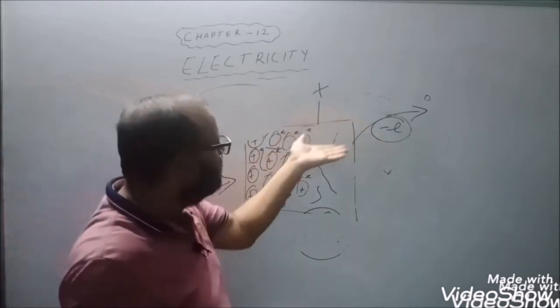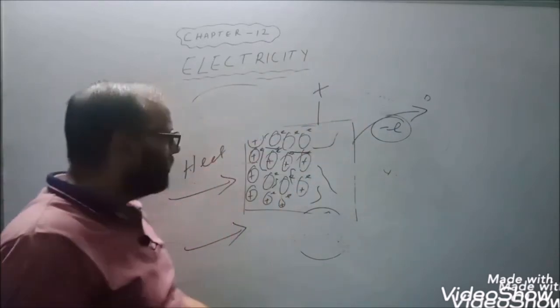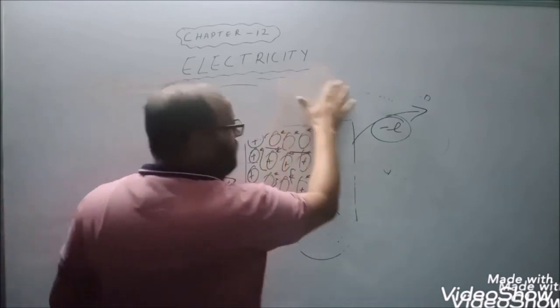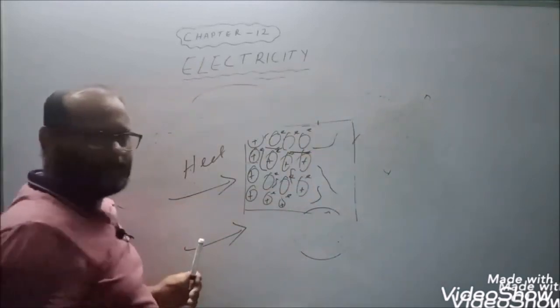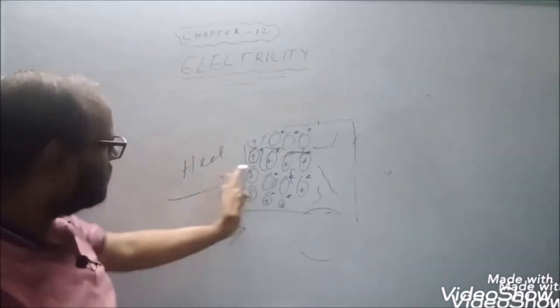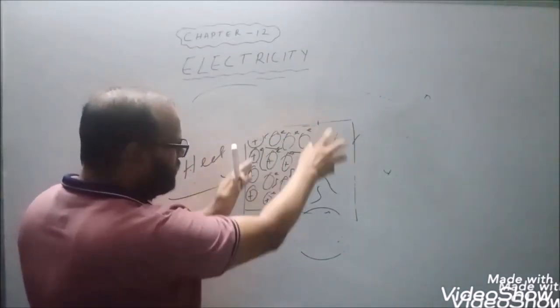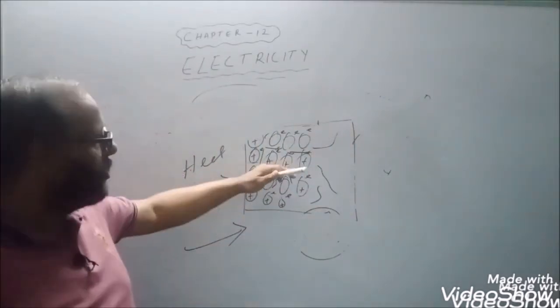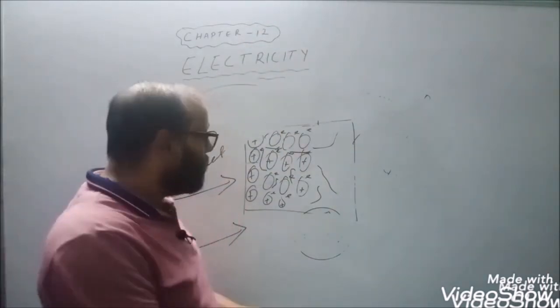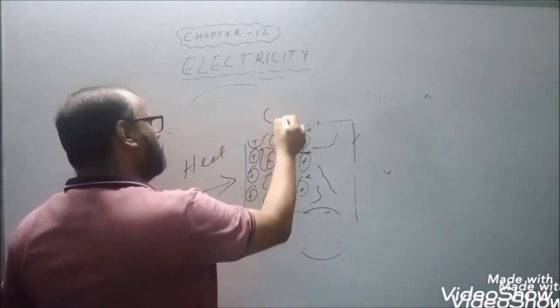Deficit of electrons results in positive charge. Now, if this had not taken place, if you did not apply heat or friction, all electrons are freely moving inside without going out of the metal. What is the charge of the body? 0.